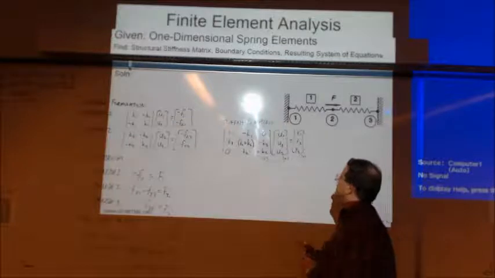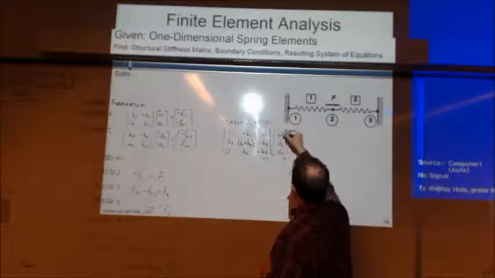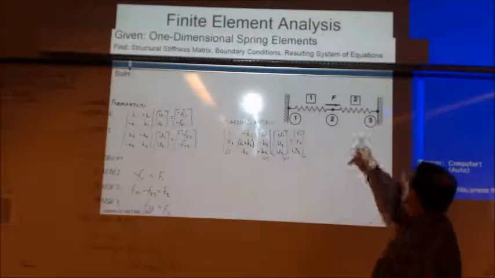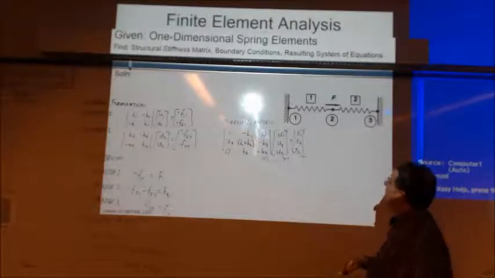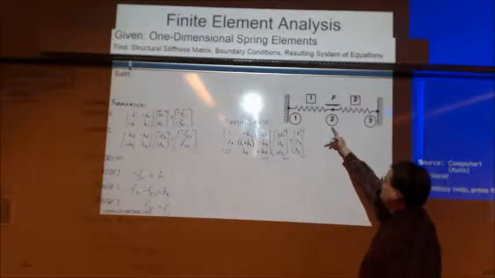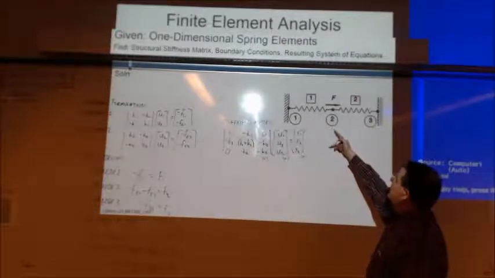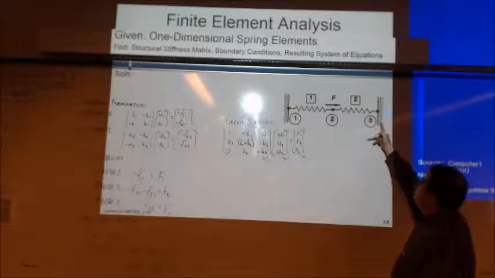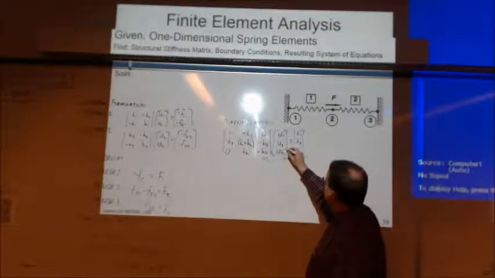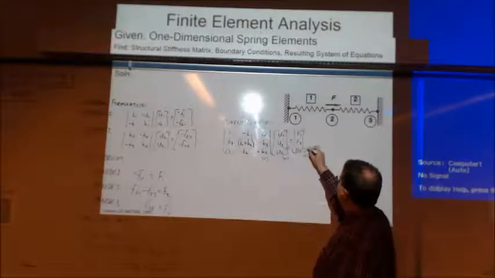Because we're attached to a rigid body. So that's going to go to 0. And we don't have any force there, so that's going to go to 0. U2, we should have some sort of deflection there. And we have a force. U3, again, rigid body. And no force.